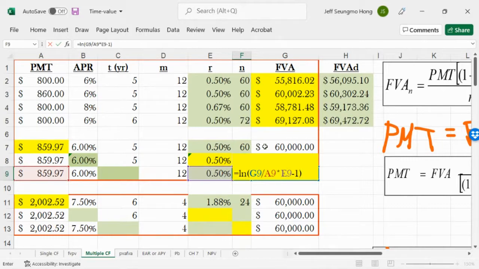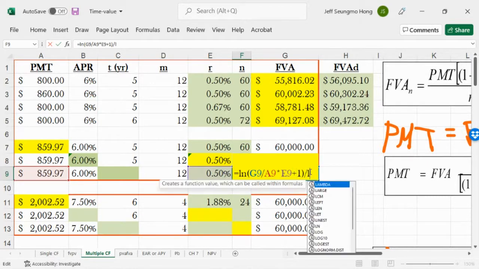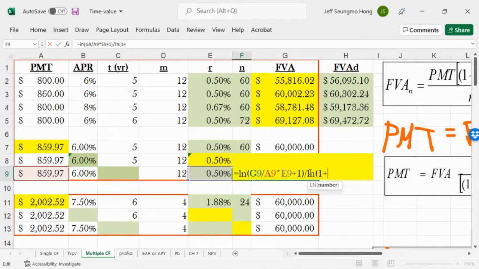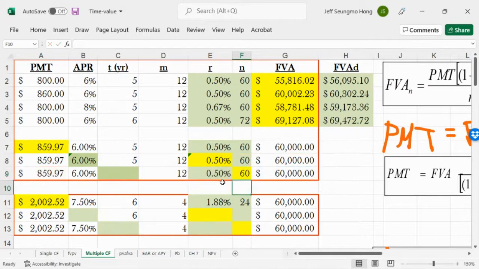Okay, when you multiply a fraction by something, it only gets multiplied to the numerator, so this is perfectly all right. And then divided by, I'm sorry, that was plus 1. Plus 1, divided by the natural log of 1 plus r. Close parentheses. And I got 60 exactly.